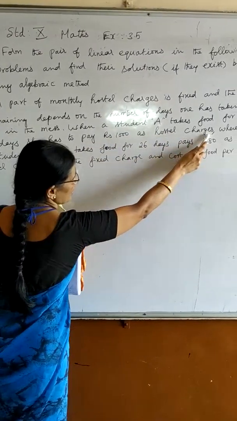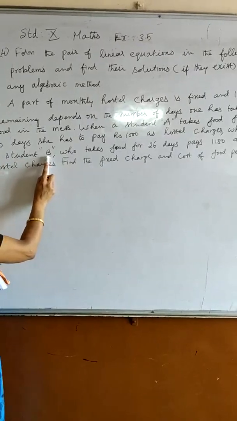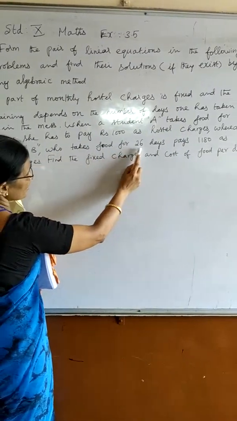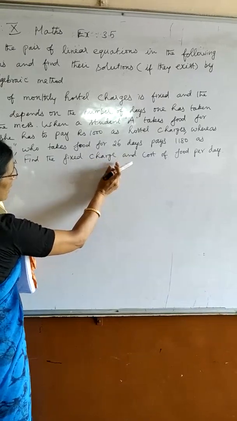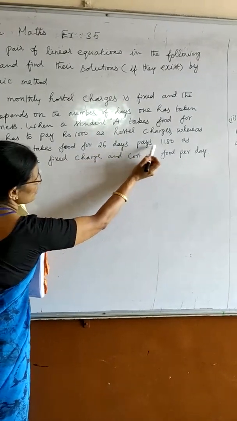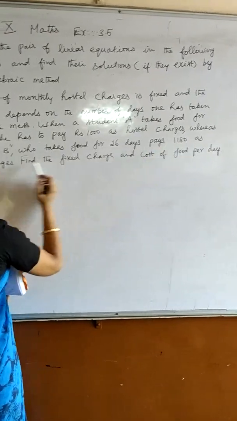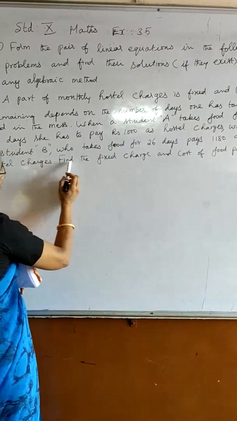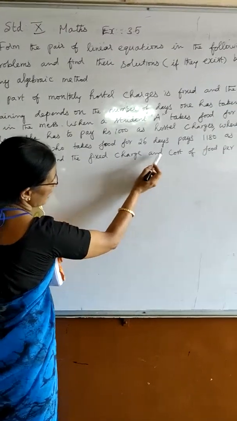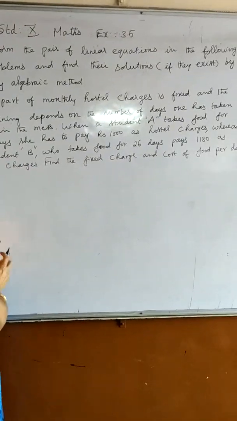Whereas a second student B, who takes food for 26 days, has to pay how many rupees? 1180 rupees as hostel charges. So find the fixed charge and the cost of food per day. One day food is costing how much?